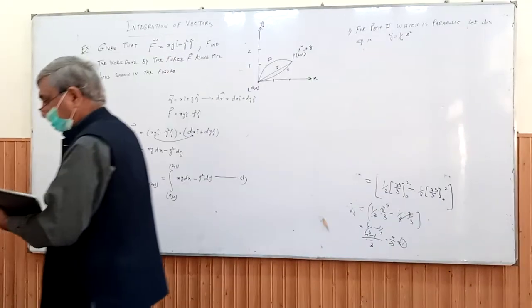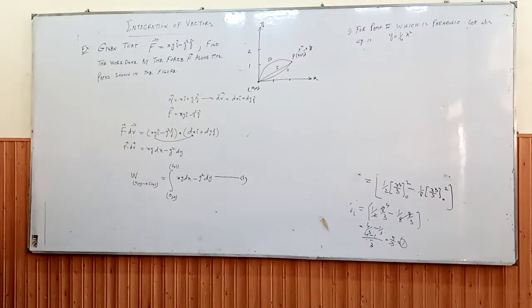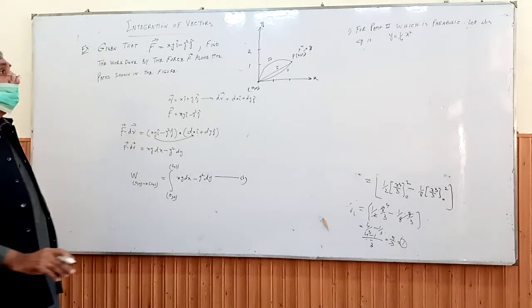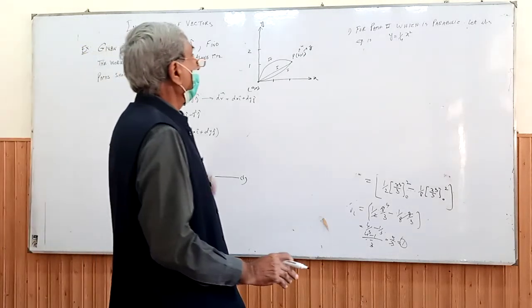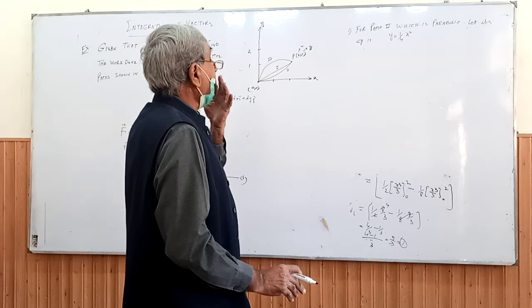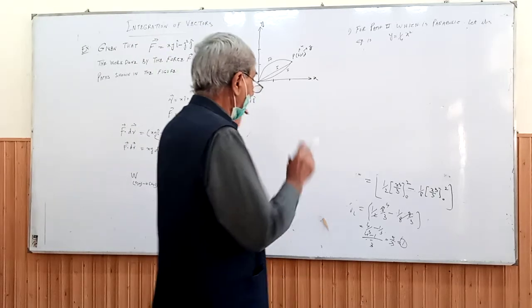Remember, the equation of a parabola is y square is equal to 4ax. Okay? y square or x square is equal to 4ay or whatever it is.